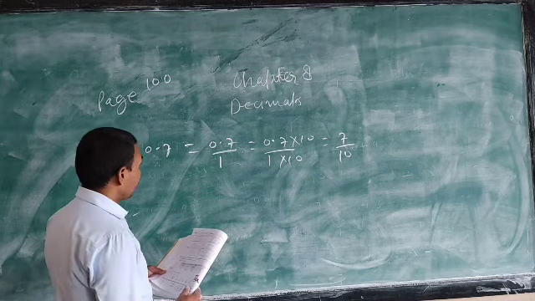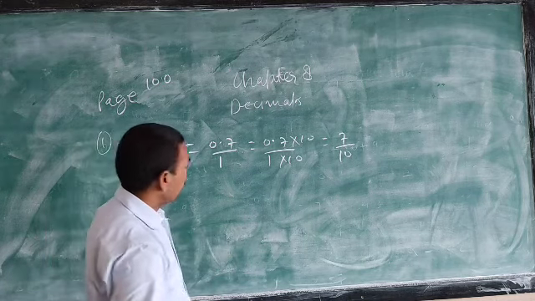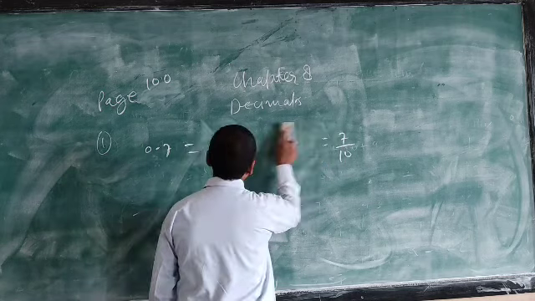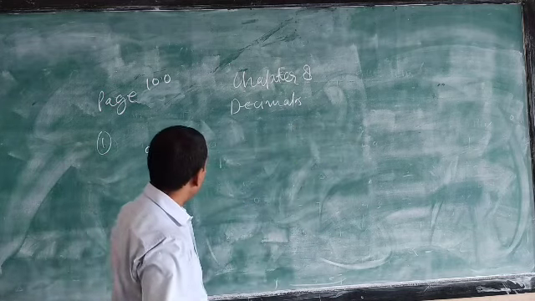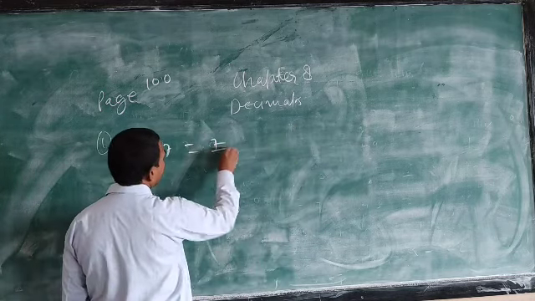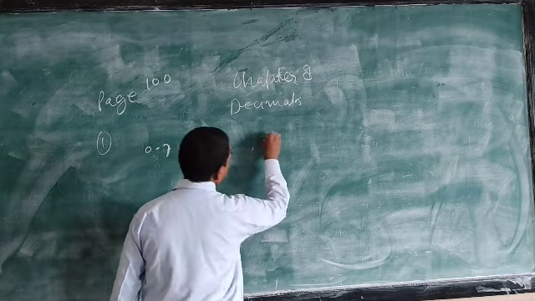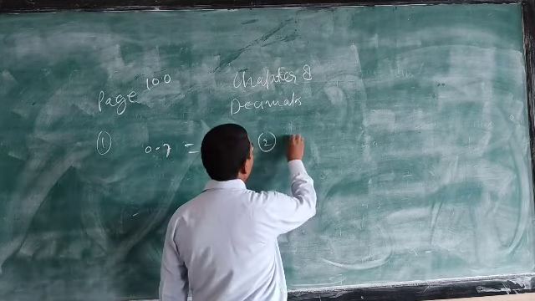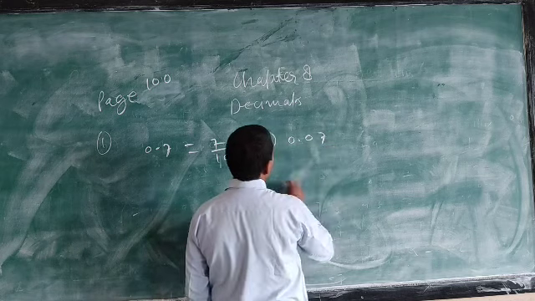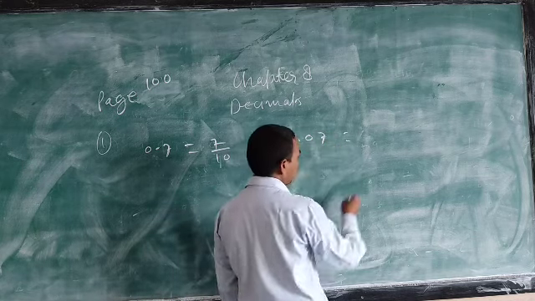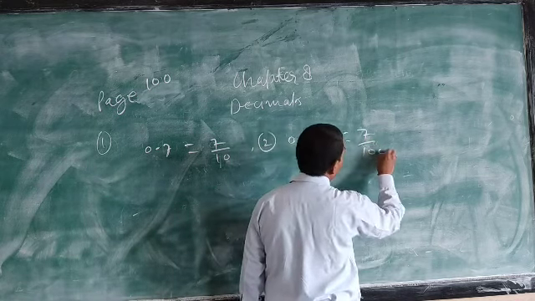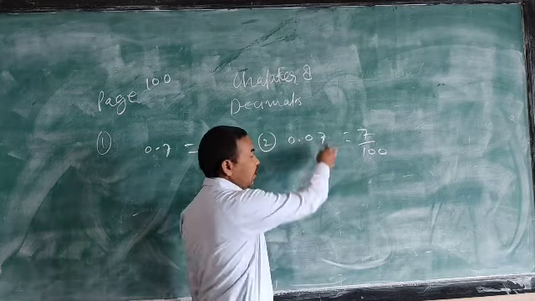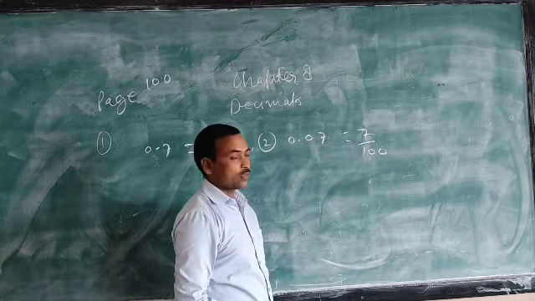So the next question I will do directly. This question also you can write directly. 0.7 is 7 tenths, 7 by 10. And second, 0.007. This can be written as 7 by 100, because the non-zero number is at the second place.